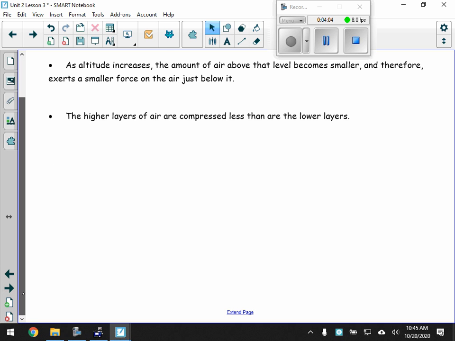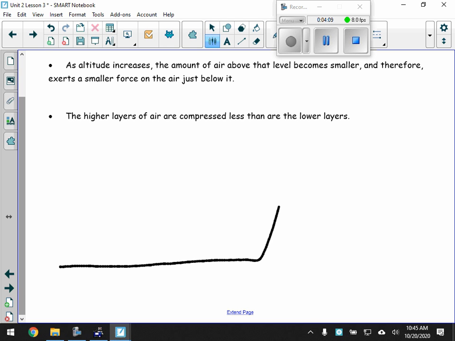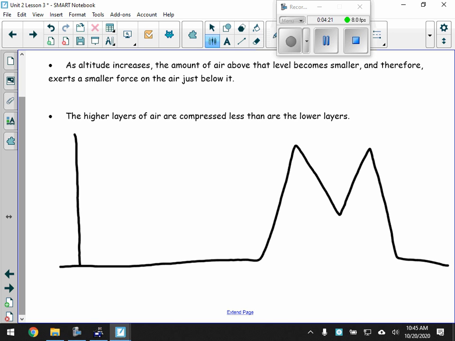To draw a diagram about this, if you have an envelope of gases that extend outwards from the surface of the planet, here's my surface of the planet. We have this envelope of gases, some kind of column there. Gases are pretty spread out here.